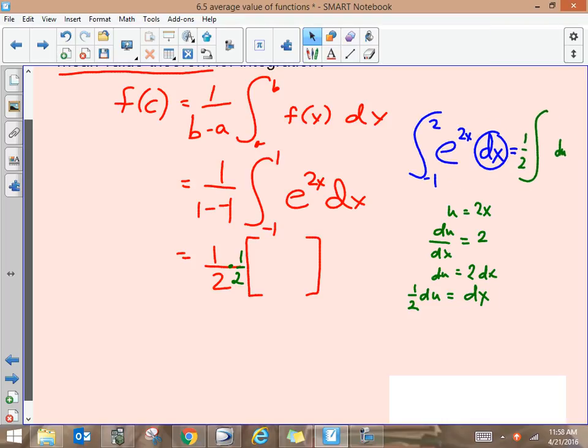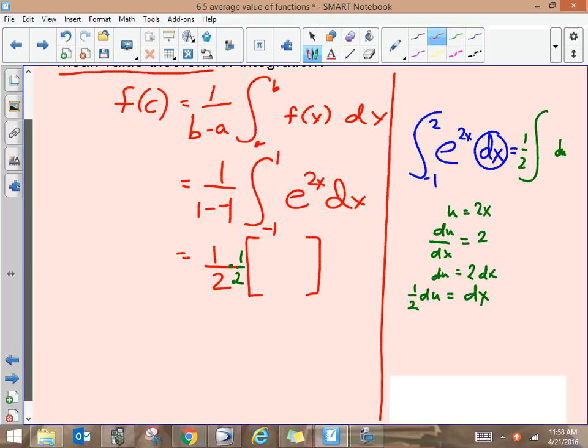Wait, should it be 1/2 times 1/2? Yeah, I'm not doing that yet. I'm still working on the u substitution here, okay? So 1/2, what's left in my integral? e to the u.